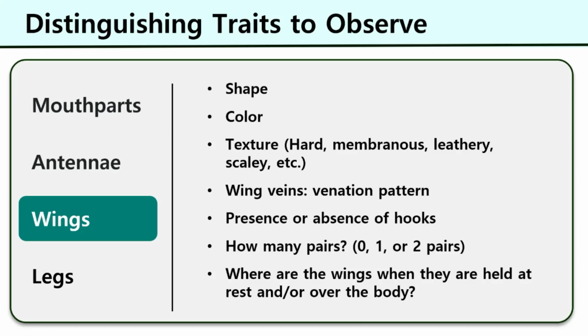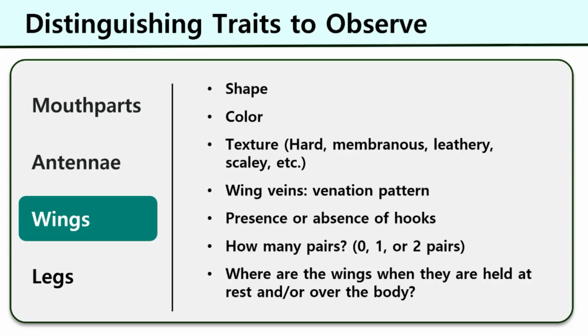And then our wings, there's a lot we can learn about an insect from its wings. We can look at shape, color, texture. The patterns of the wing venation can be really important for identifying butterfly and moth species. The presence or absence of hooks in certain areas. How many pairs, or maybe no wings present for an insect.